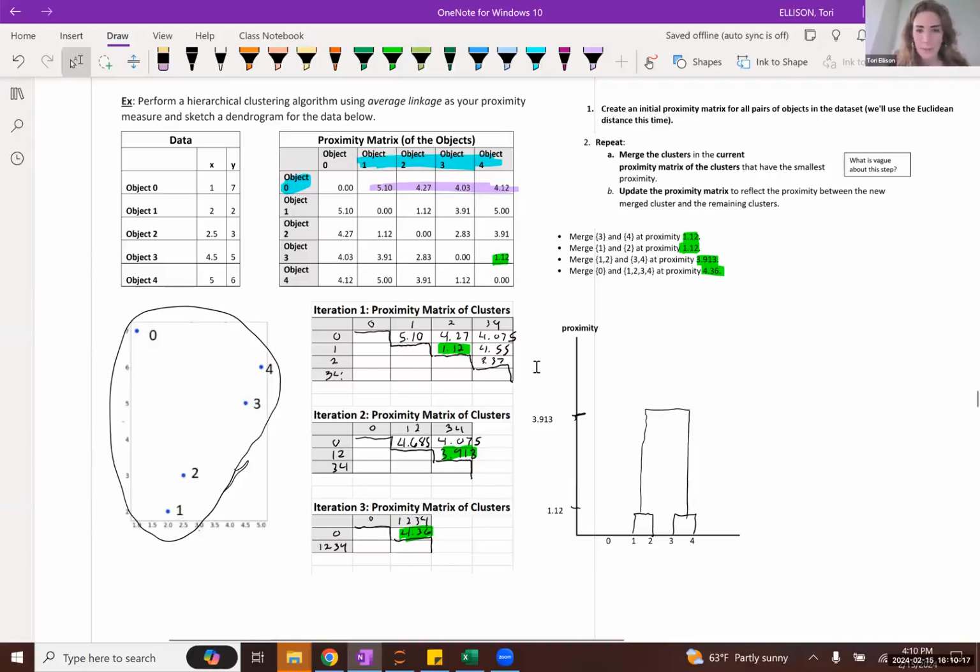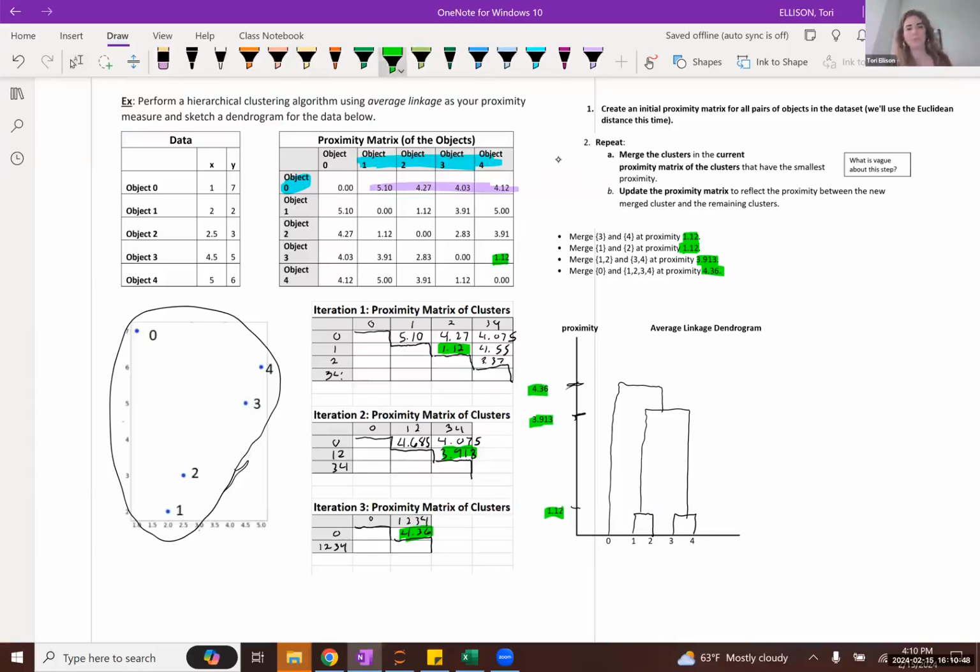And finally, 0 merges with 1, 2, 3, 4 at a proximity of 4.36. And so that creates our average linkage dendrogram. All right. Cool. Any questions on that?